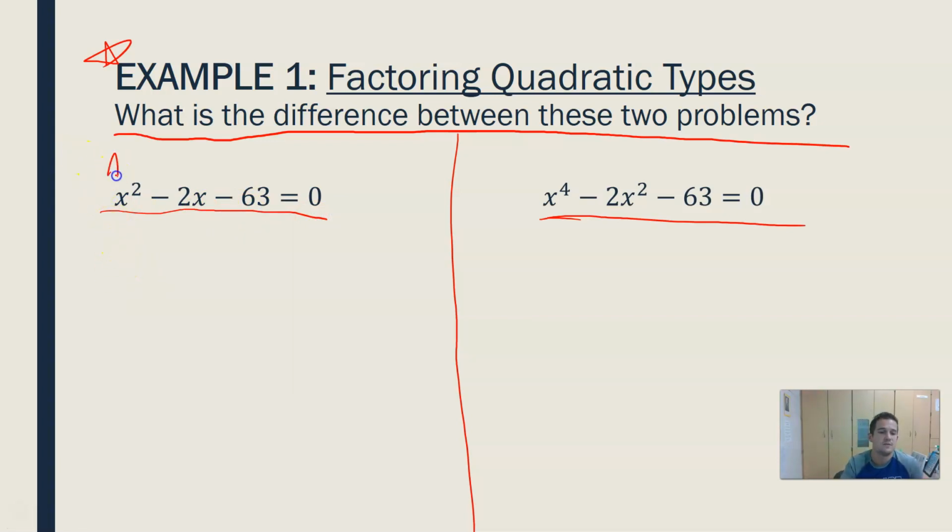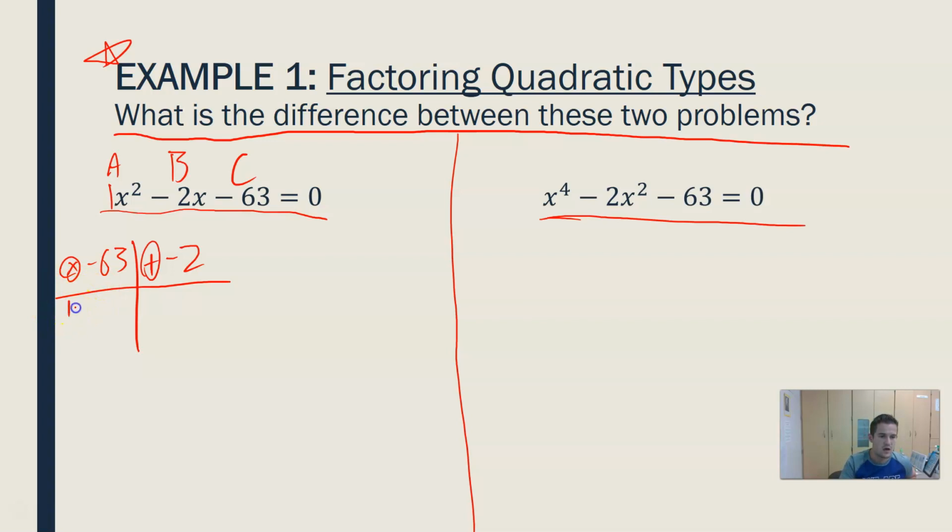So let's do it. I have a, b, and c. This quadratic is in standard form. So multiplying a and c together, I get negative 63. And I need to find two numbers that multiply to make negative 63 and add up to b, or negative 2. So let's list my sets of numbers that multiply to make negative 63.